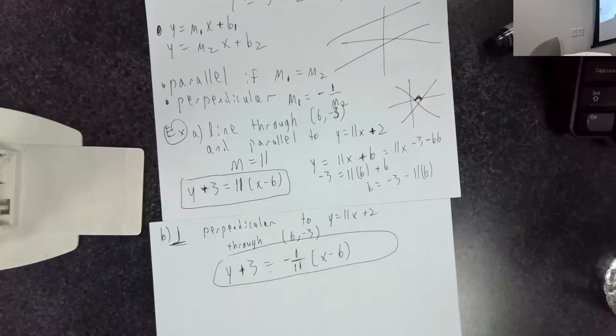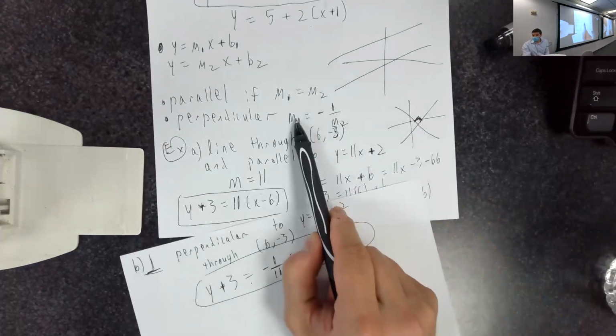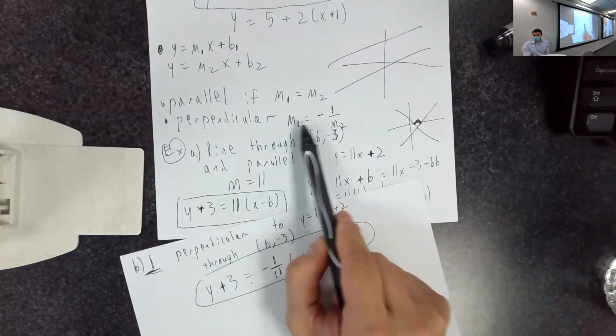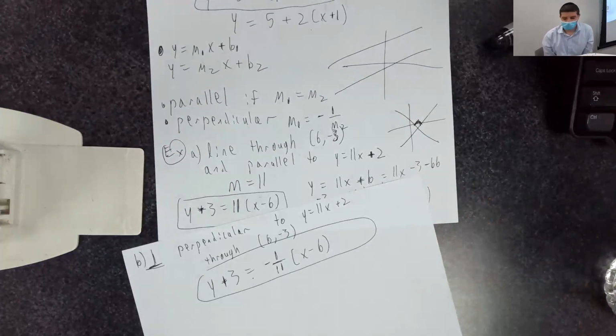You can always get a perpendicular line by taking the negative reciprocal of the slope. So I just use this formula right here. For perpendicular, I need this slope to be the negative reciprocal, and you get the perpendicular line. Okay.